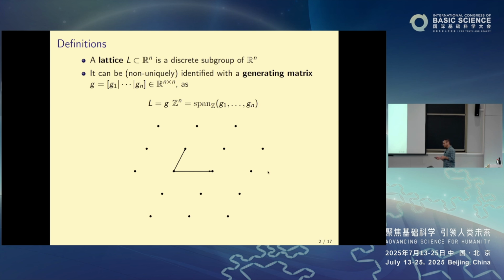Okay, so I'm assuming all of you have seen lattices before, but let me quickly give the definitions in any case. A lattice L in R^n is a discrete subgroup of R^n.